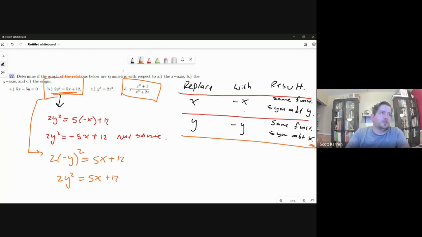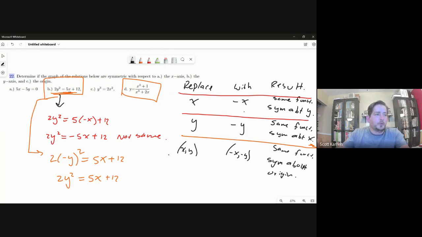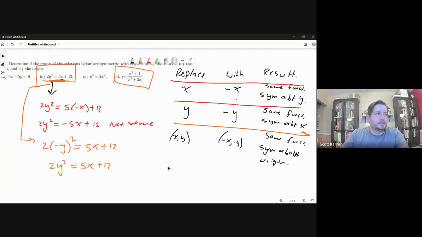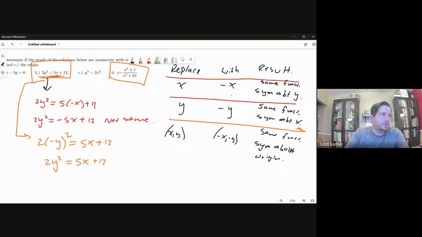So this thing is indeed symmetric about the x-axis. And then finally, if I replace x and y with negative x and negative y, and if I get the same function, then this is symmetric about the origin. So I'll replace both x and y in the original function.